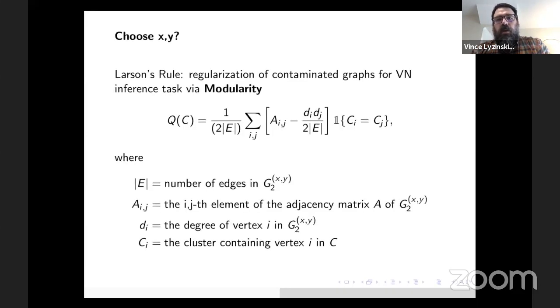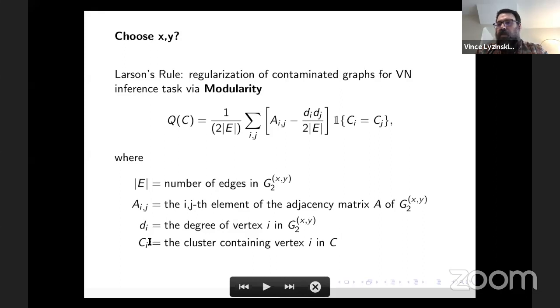So if I'm given a set of communities in a network, I can define the modularity as follows. E is the number of edges here in our trimmed network. A is the adjacency matrix of our network. D is the set of degrees.